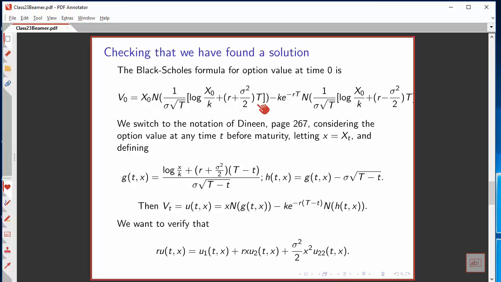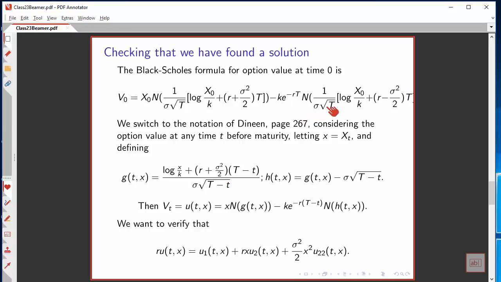G comes from the first term in the formula. It's the log of x over k plus r plus sigma squared over 2 times, and now I have to replace capital T for an interval which started at 0 with capital T minus little t for an interval that starts at t. In the denominator, similarly, I have to replace capital T by capital T minus little t.